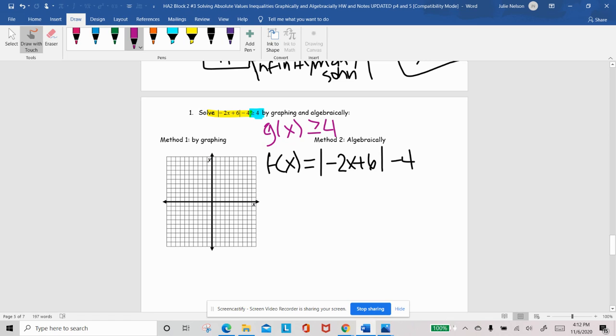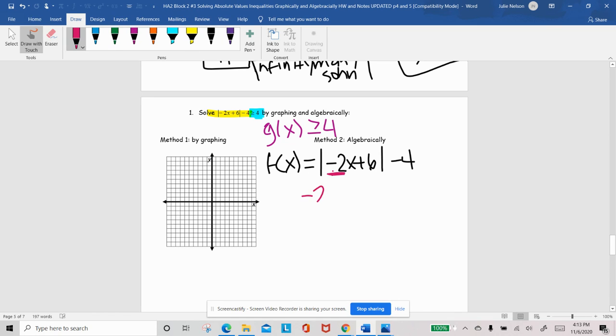All right, now in order to graph the f of x, the absolute value function, it's really important that you rewrite it. You can't have a number in front of the x. So I need to figure out how to get rid of this negative 2 that is multiplying to the x. Well, to get rid of a negative 2 that's multiplying, you have to divide.